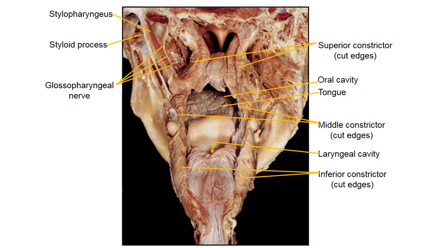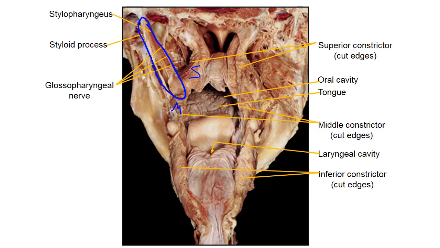Here we can see the posterior pharynx as well, or at least a posterior view of it. And again, the constrictors have been cut in this view. But we get a nice view of the stylopharyngeal muscle. And as we said before, it extends in between the superior and the middle constrictor. So we can see that here in this view.